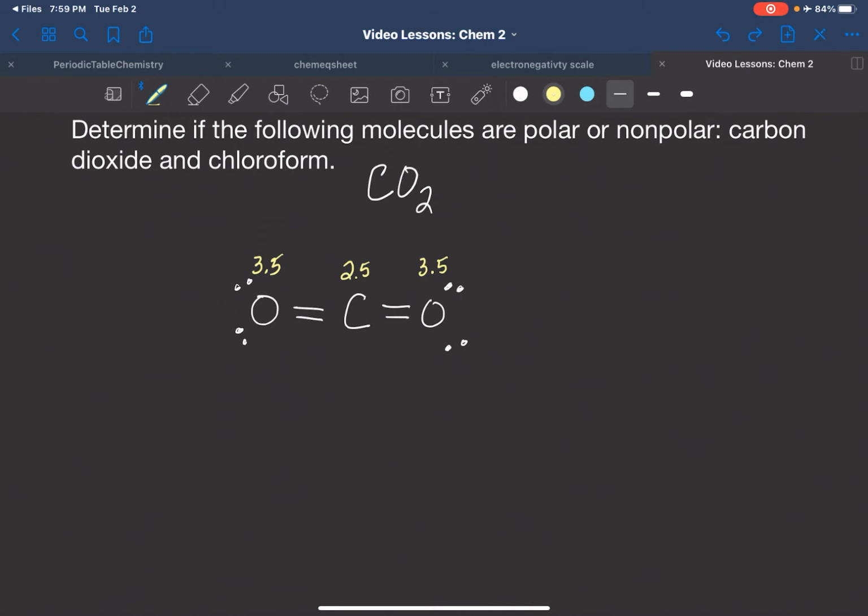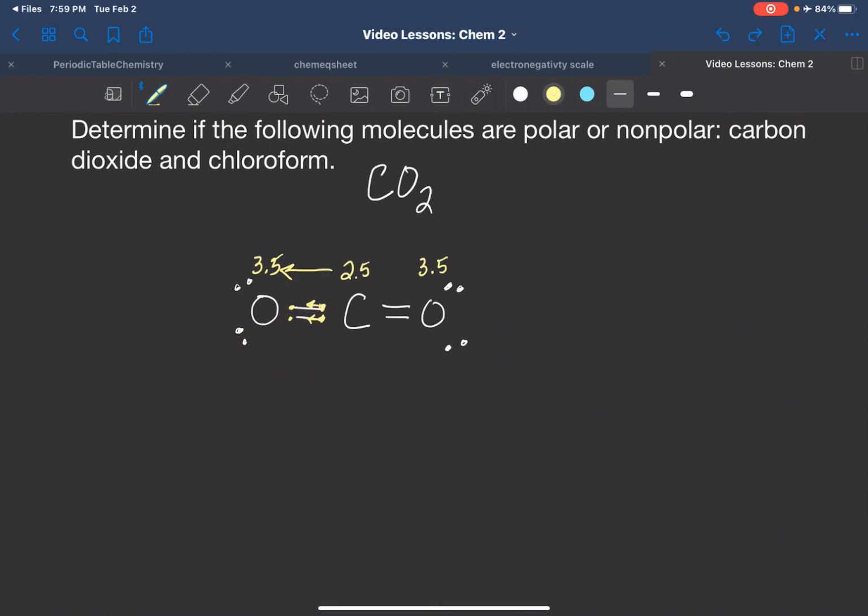There would be a greater pull towards the oxygen here overall, which means that the electrons that are here and here are being pulled a little bit more in this direction than they are toward the carbon. And all these electrons are also being pulled a little more in this direction. And so the density of electrons is more on this side of this carbon-oxygen double bond.